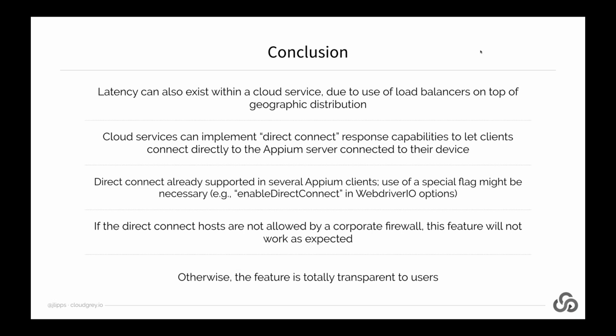Otherwise, you don't actually have to know anything about the Direct Connect keys that I showed you. This all just happens transparently within your client code, and you just get the benefits of it as long as the cloud provider's turned it on, as long as your client has it implemented and enabled, and as long as your firewall doesn't block it.